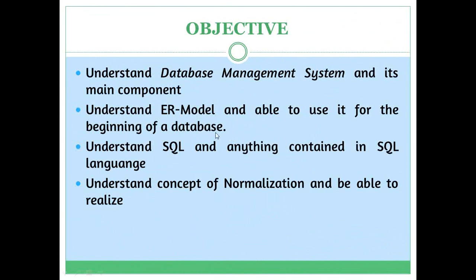So for the beginning of a database, we have to make an ER model to design our database. Third is to understand SQL and everything contained in the SQL language. And the fourth is to understand the concept of normalization and be able to realize it.